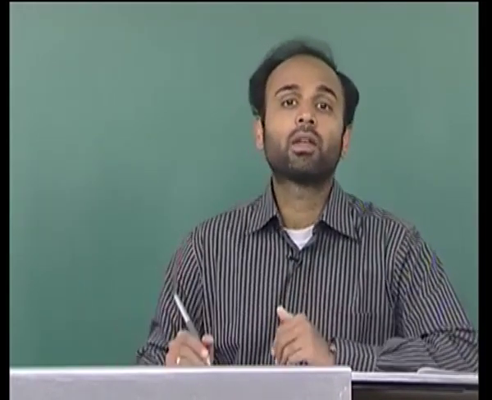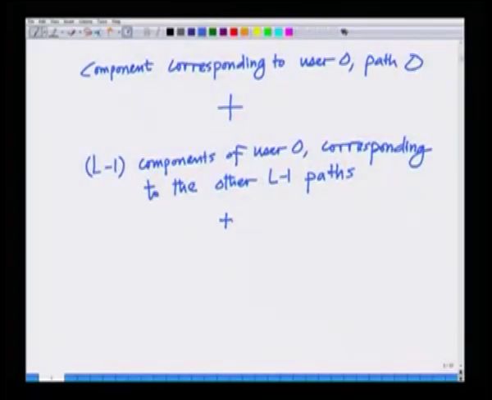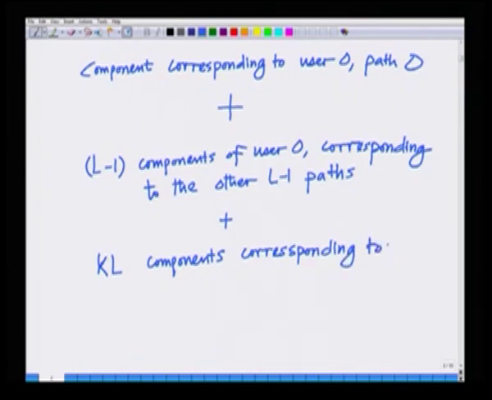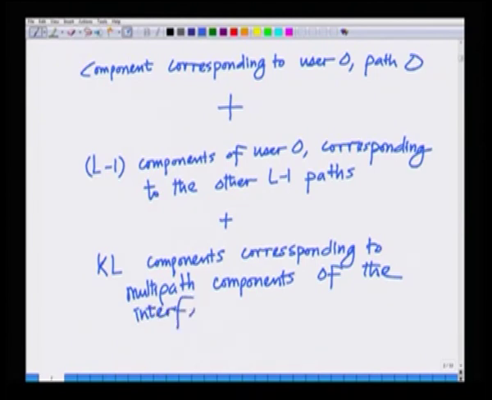The rest of the paths form the interference, plus now, remember, there is also multiuser interference, hence there are plus KL components corresponding to the multipath components of the interfering users. All right.